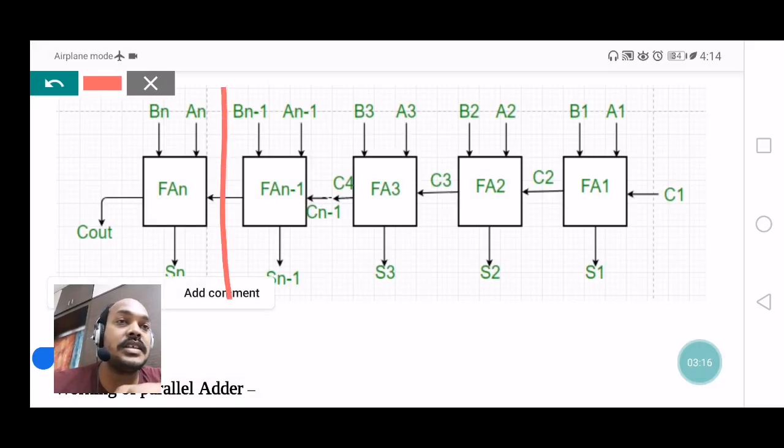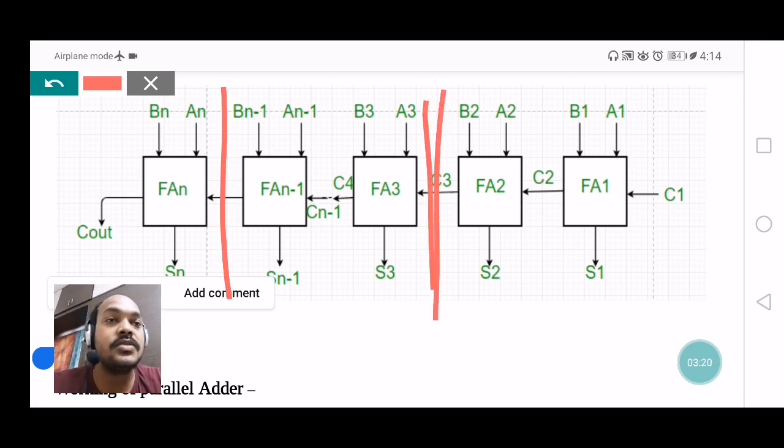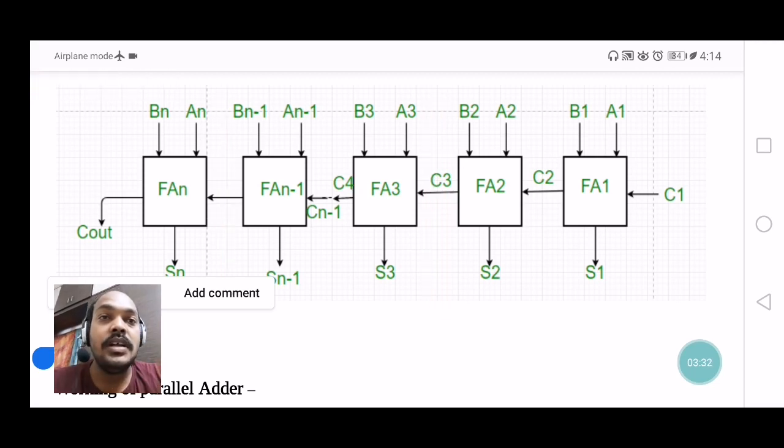For a 2-bit parallel adder, you need 2 full adders. This is the circuit diagram for constructing an n-bit parallel adder.